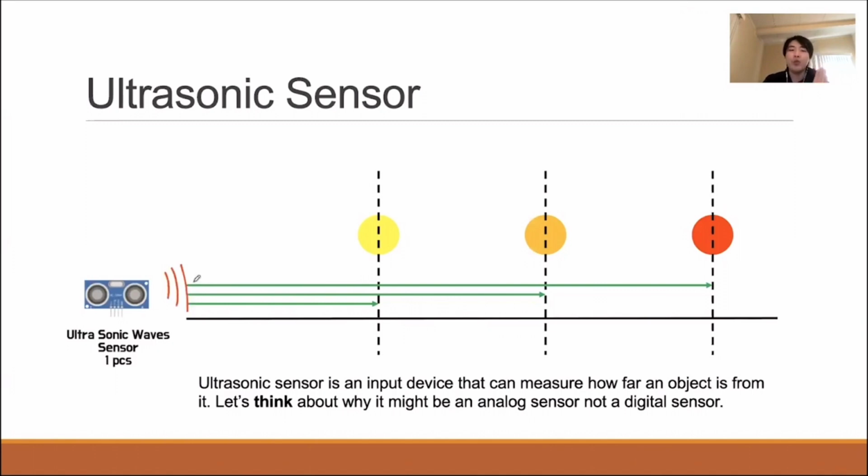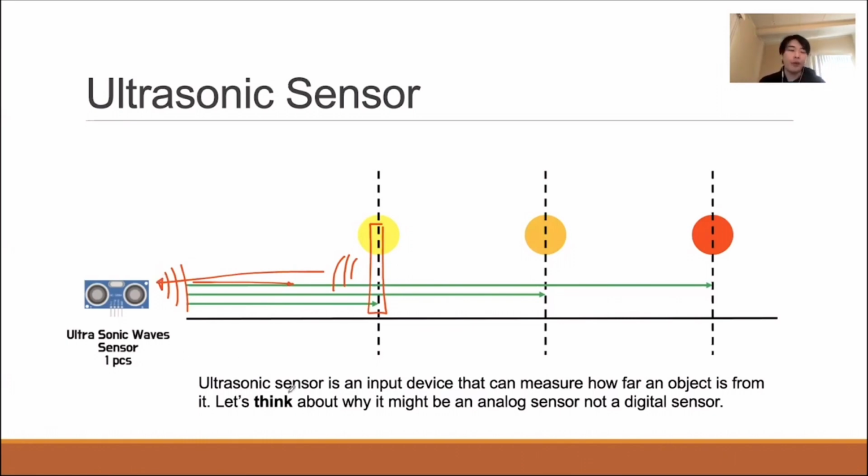Moving on, the ultrasonic sensor. What it does is send out a sound wave. When the sound wave travels away from the sensor and an object is obstructing its path, the sound reflects backward and comes back to the sensor. Depending on how fast that happened, the sensor calculates how far the object is located.